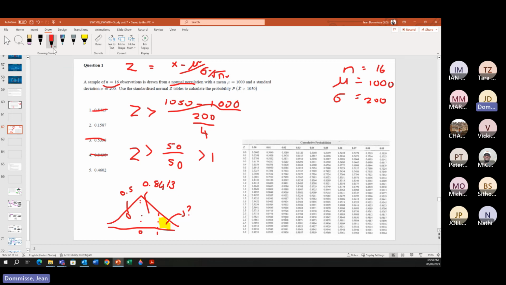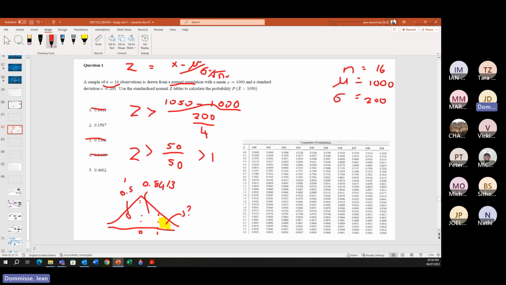That's not what we're looking for, but look at what was the first option. So if you just looked at that table and you forgot that we're actually looking for that smallest piece, you could have had option 1 as the correct one, but it's not. Okay, so we're looking for that smaller piece.